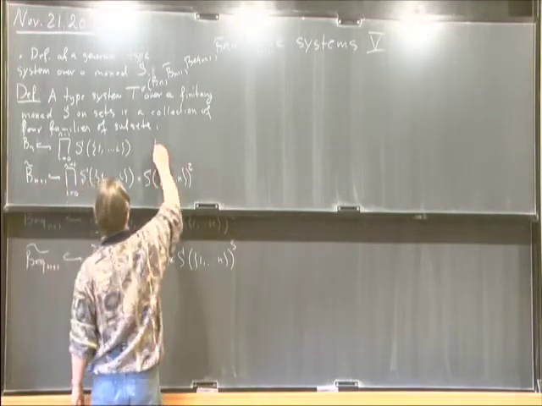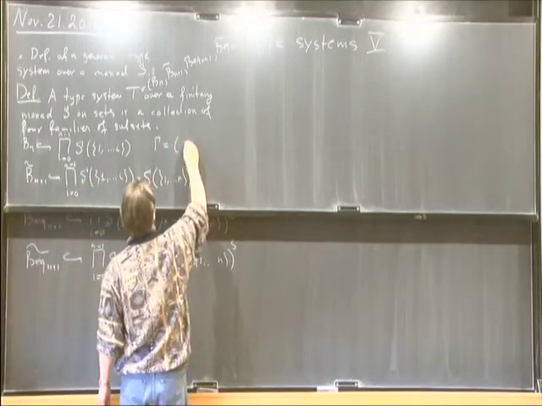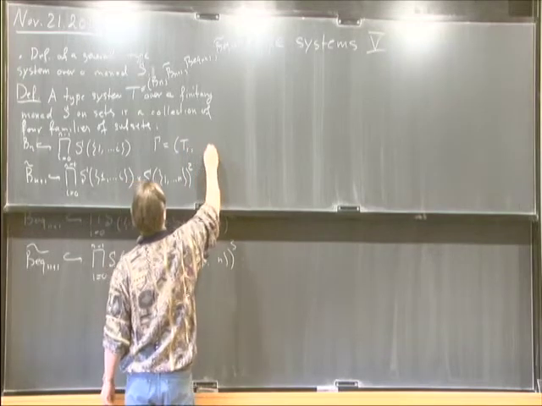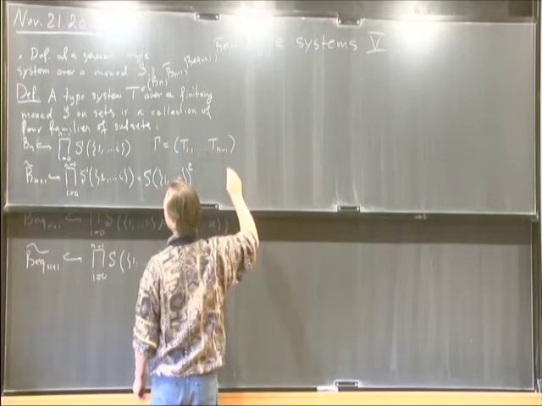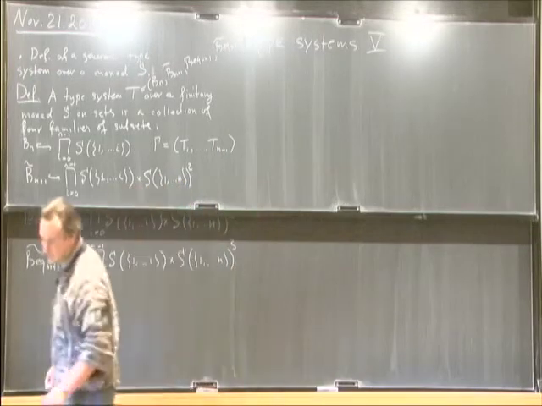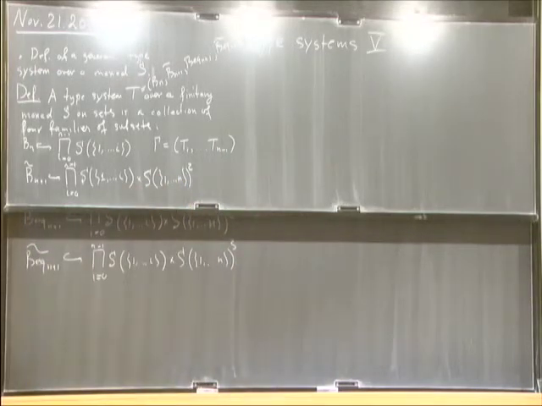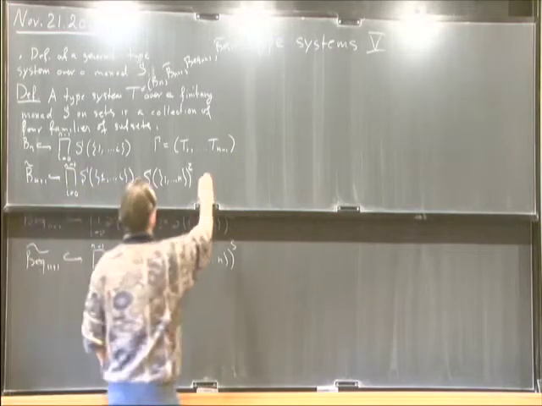So if I have gamma, which is T1, ..., T n, it's actually 1 to n.